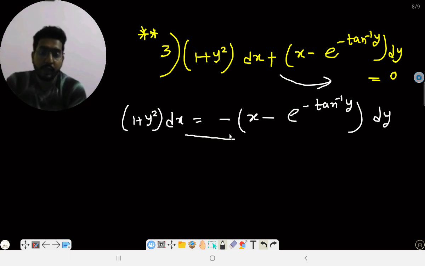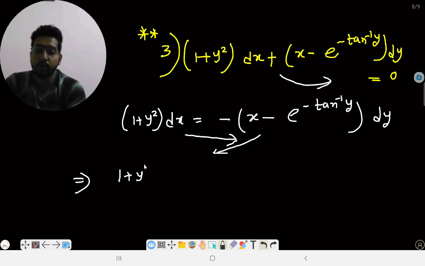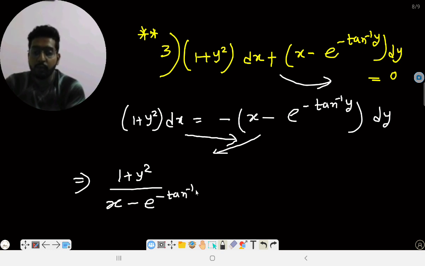Now if dx goes there and this one comes here, what will happen? It will come like this: (1 plus y square) divided by (x minus e to the power minus tan inverse y) equals minus dy/dx.